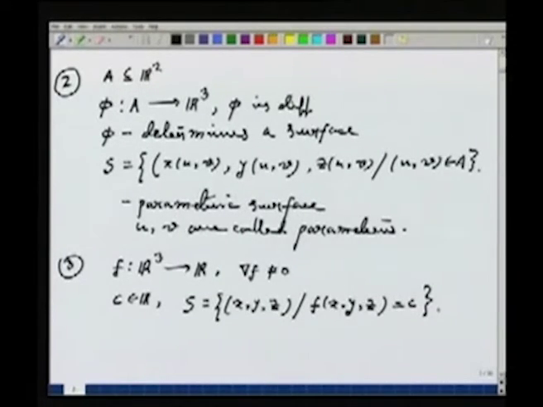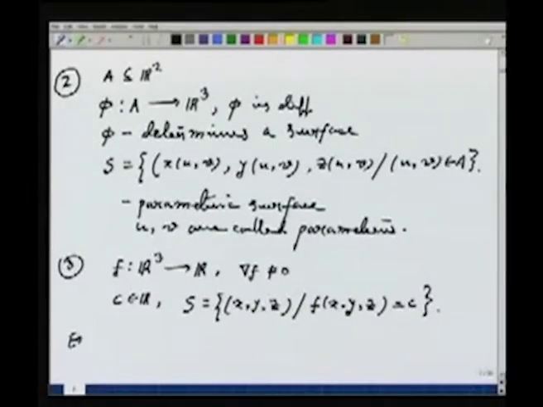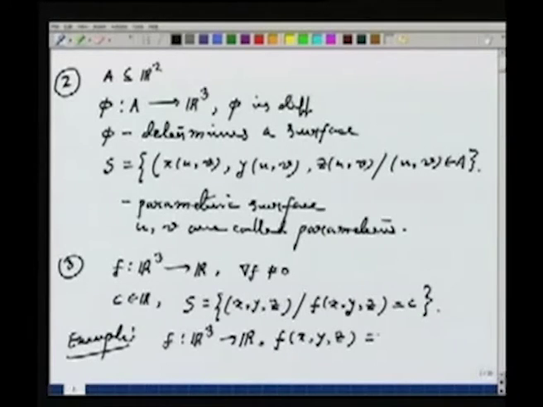Now why is this a surface? The way to imagine that this is a surface is that suppose x and y are given to you. Then from the rule f(x, y, z) equals c, since I know the definition of f, I can actually find out what z is. For example, let us take a very simple function f from R3 to R given by f(x, y, z) equals x plus y plus z.